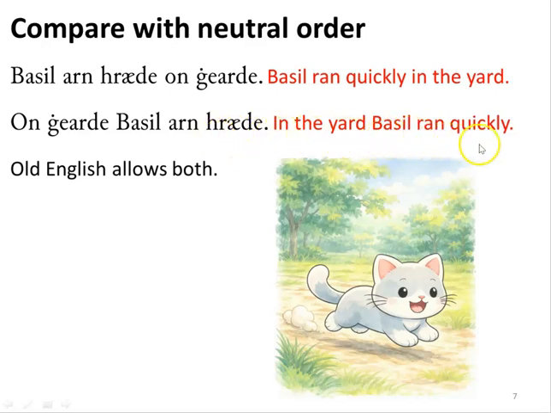In the yard, Basil ran quickly. We can still do that today in modern English. It's perfectly clear what's meant here. You're just emphasizing in the yard. Both in Old English, and even in modern English, when we put that first, we're emphasizing something about the yard. So Old English allows both.